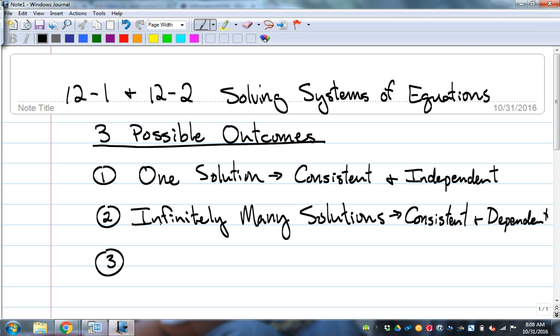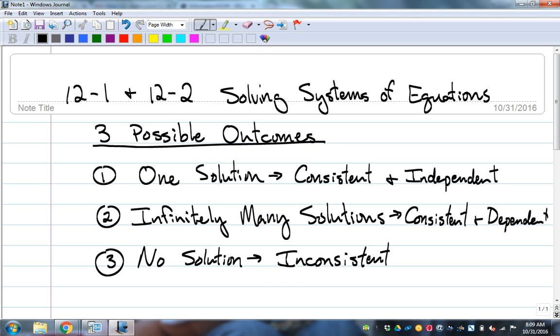And then the third option is the no solution option, and it's called inconsistent. So consistent means it has answers. Independent, one answer. Dependent, more than one answer. And if it has no solutions, then it's called inconsistent. So tie those words together if you can.